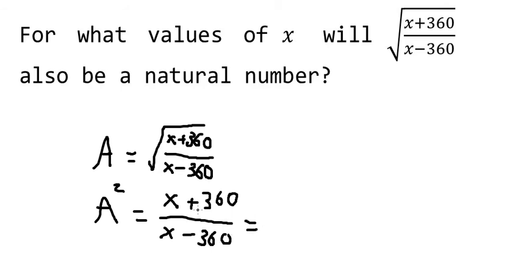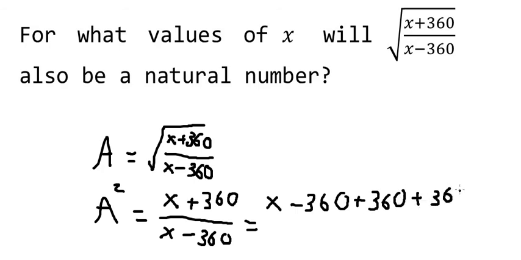Next, about this one, we can put about x minus 360. That means we need to put positive 360 plus 360 over x minus 360.